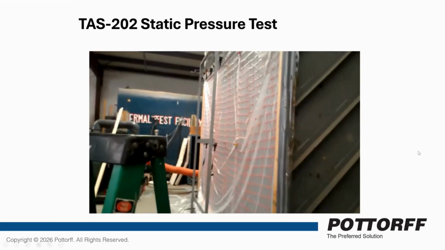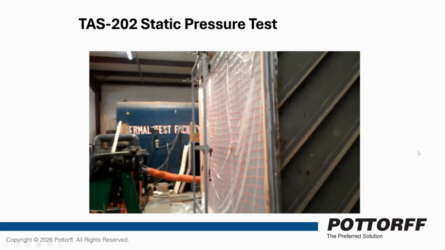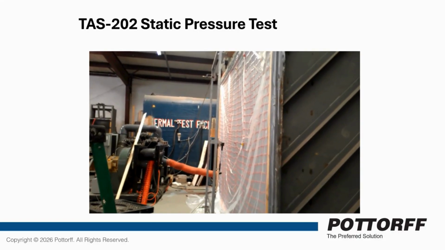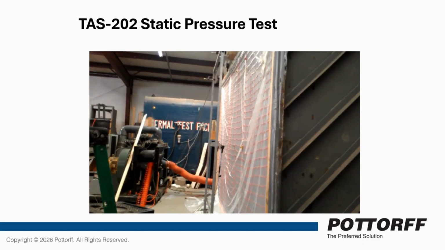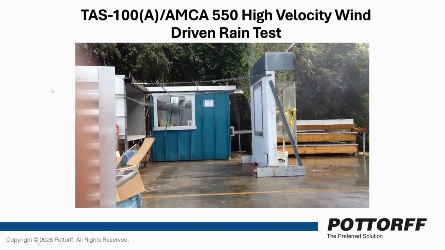Usually they'll do this to 150% of whatever that load is. So if someone said this louver is good for 150 PSF, they are testing this one right now at, I believe, 225. And there the blower's letting go. They have strain gauges right here to measure how far that jamb pulls in.